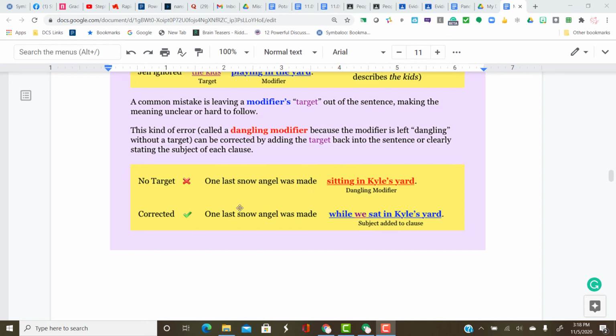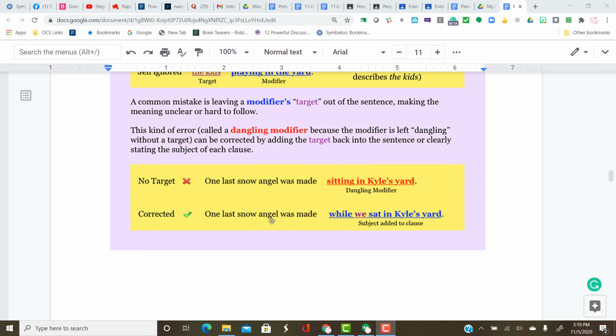What we'd have to do is actually add a whole clause, turn this participial phrase into a whole clause. One last snow angel was made while we sat in Kyle's yard. Here we add the subordinating conjunction, or SWABI as you all know them, the subject we, and the participle now turned verb sat to make this clause.